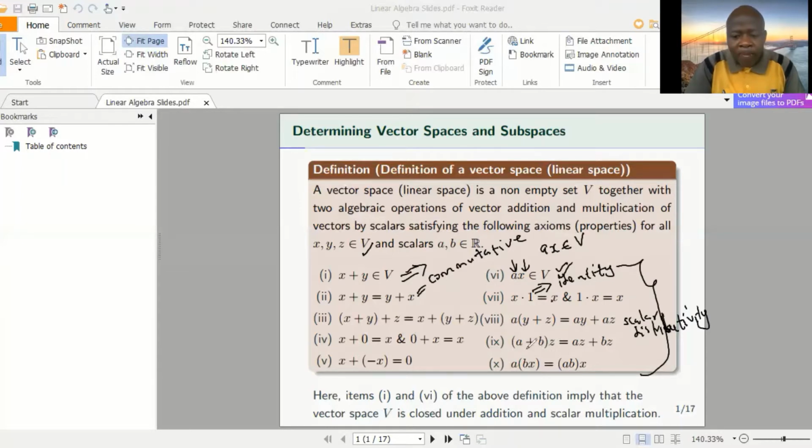This is a vector, and we have the scalar a plus b. So when you distribute this vector inside, you'll get az plus bz. So this is the vector distributivity. And then finally we have the associativity, scalar associativity.